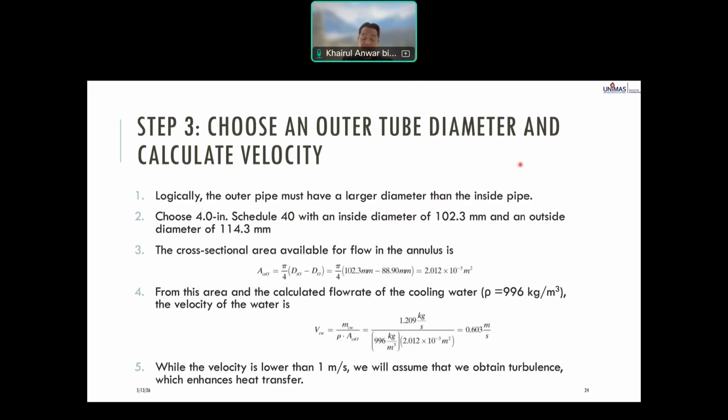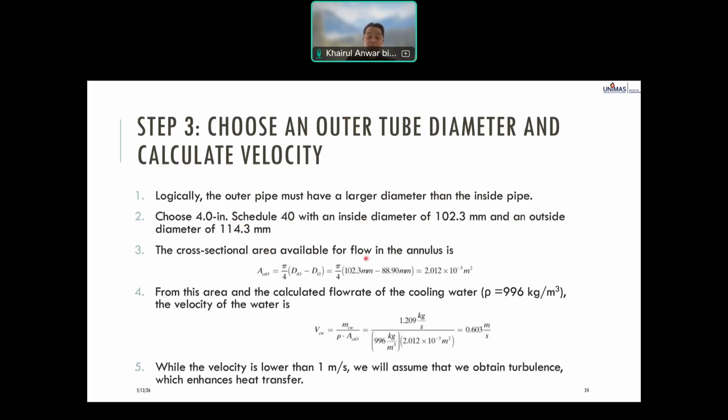Since we know the inner tube, for the outer tube there is no need to do the assumption for the velocity. Just choose a tube that is slightly larger than the inner tube, so that there is an annulus, with an inside diameter of 102 mm and outside diameter of 114.3 mm.